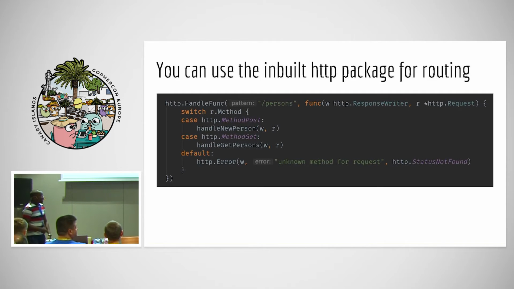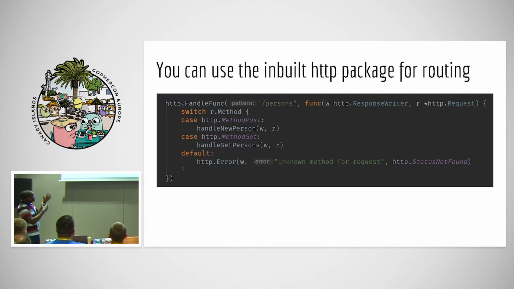If you're using the Go package library directly for HTTP handling, there is the drawback that you have to think of how you're going to do your routing, how you're going to manage all the paths and map them onto a method or a function that will handle the request.